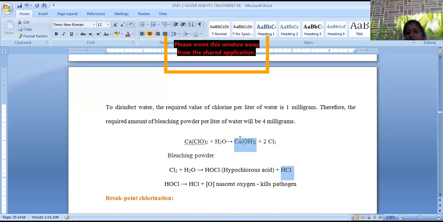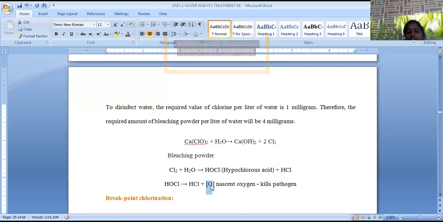This HCl and the calcium hydroxide are both used to neutralize the system. And this HOCl released, which is called hypochlorous acid, is used to kill the pathogenic microorganisms, because hypochlorous acid dissociates into nascent oxygen and HCl. So this nascent oxygen will kill pathogenic organisms.